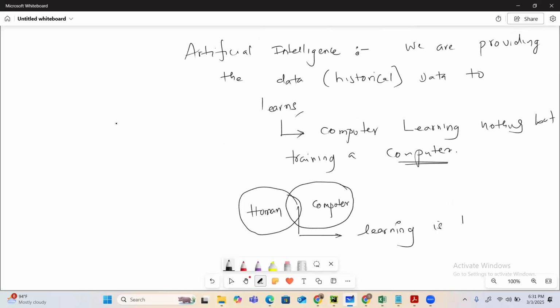Learning is the common point for becoming intelligent. So now we have something called AGI. Can anybody tell me what is AGI? Any idea?